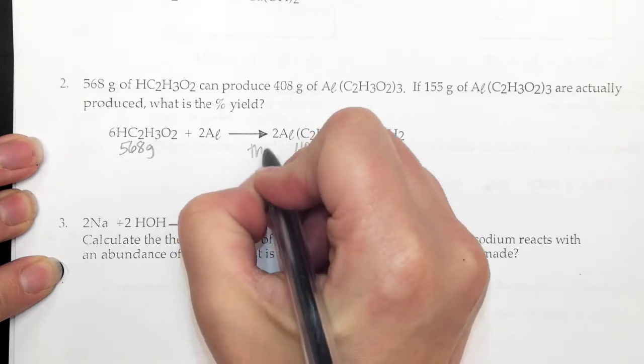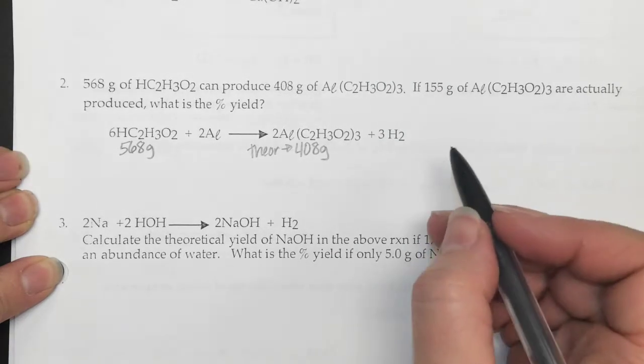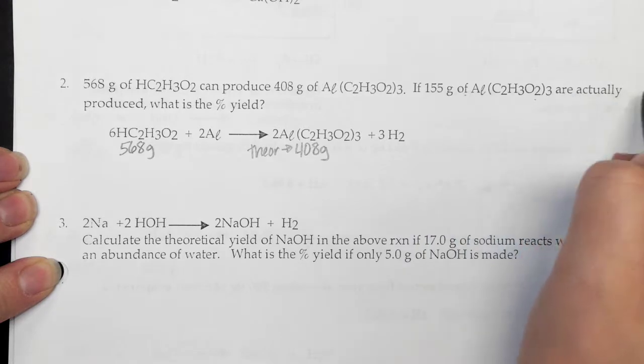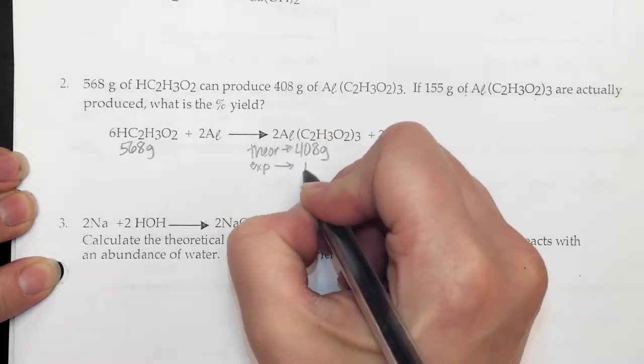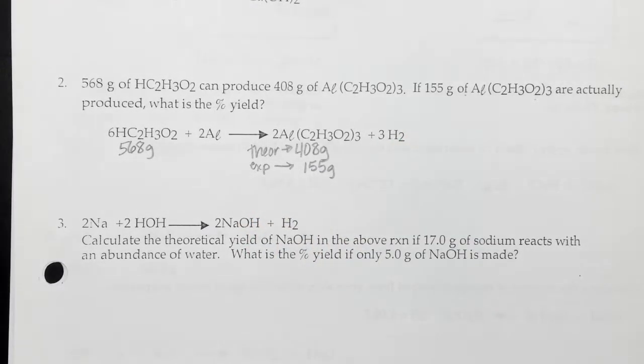This is a theoretical value. In theory, it can produce this. If 155 grams of the substance is actually produced, this is the experimental value. Then what's the percent yield?